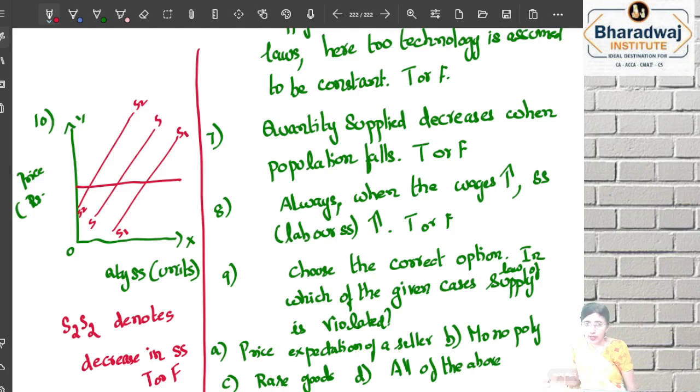Answer all these 10 questions, completely covering the supply topic. From every nook and corner, we have sourced it. Done, completed all. Finished?